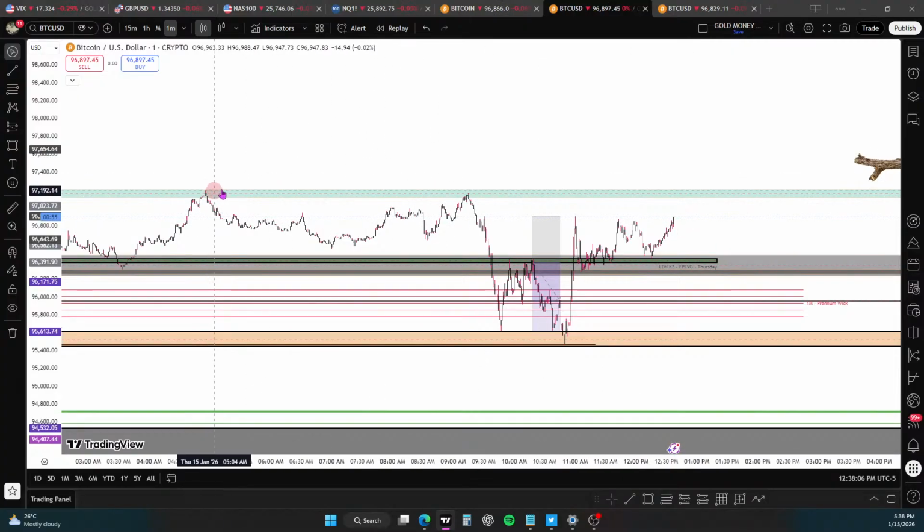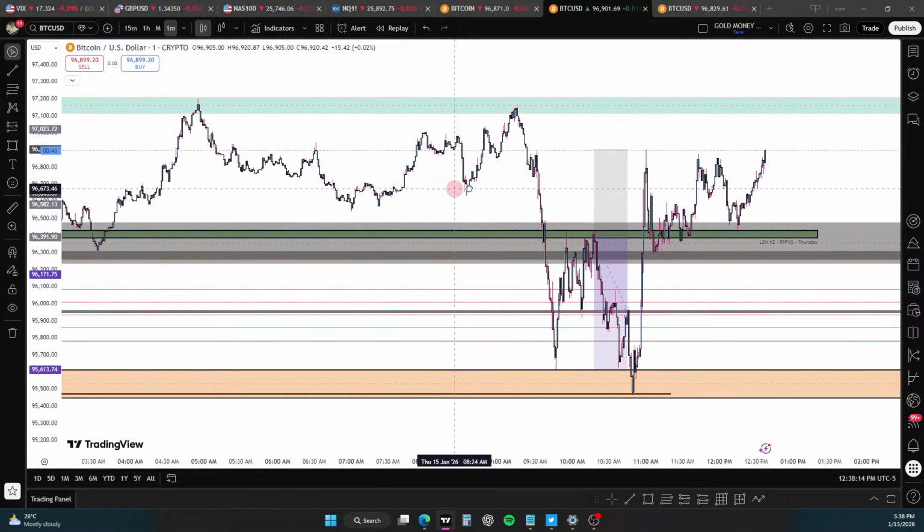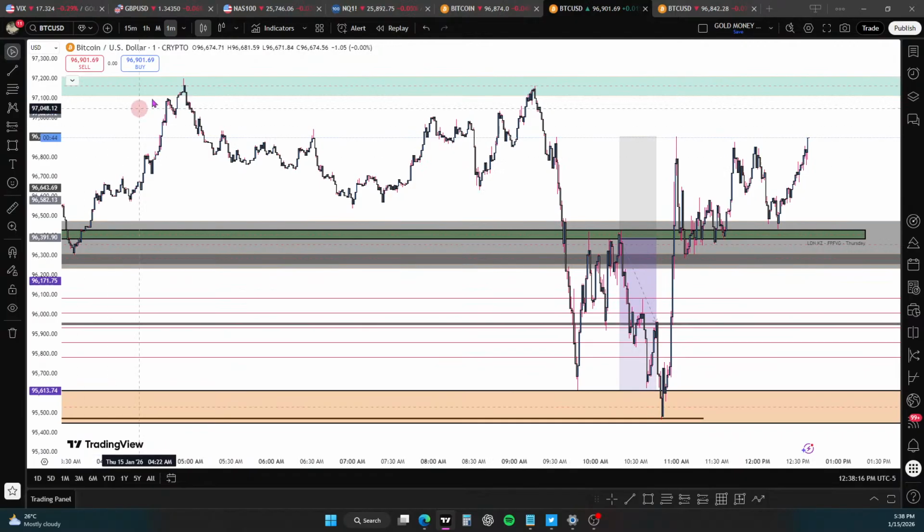So you have this high in this suspension block, and what the hell, bro? Look at this. So you've got failure to breach outside the box, right? Failure to breach outside the box, and then a retracement. Oh, sorry.